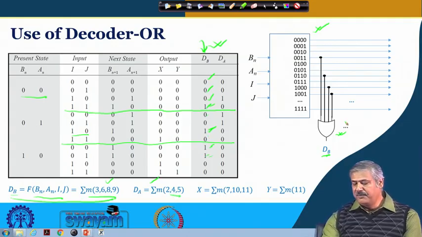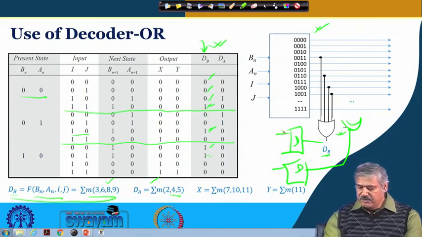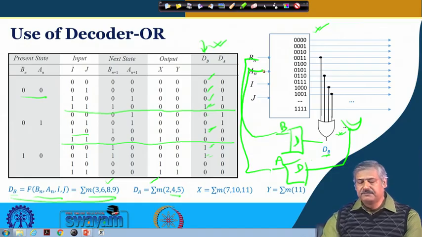So, you can have another OR gate, that is why I have given dot dot dot, and from that you can get the corresponding input for dA. That you feed to the flip flops. You will be feeding that to the D flip flop over here, and similarly over here to that D flip flop. This is your D, this is your D, this is your corresponding B and this is your corresponding A, and dB will be fed here and dA will be fed there.